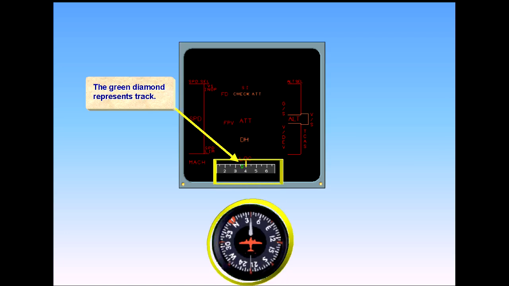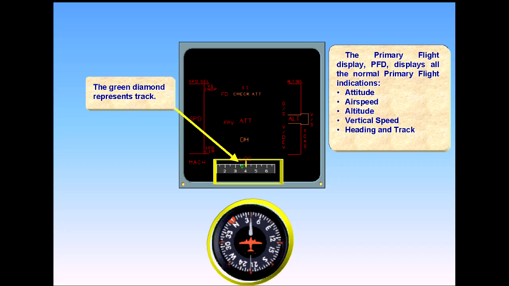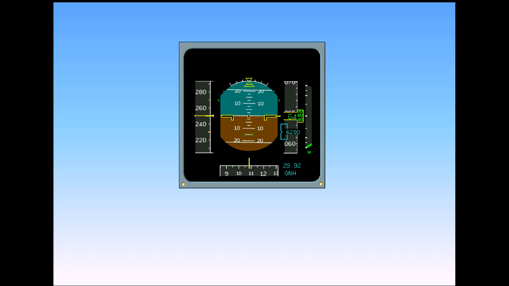The green diamond represents track. Notice that the indicators are laid out in a classic instrument T configuration.